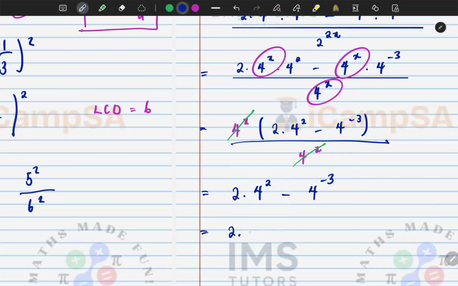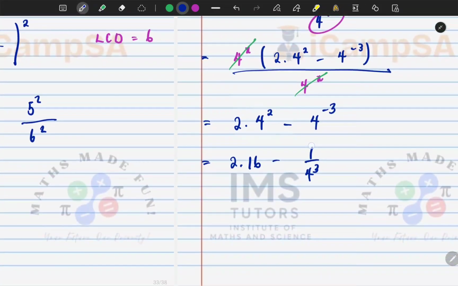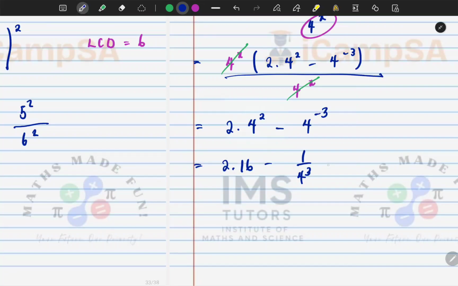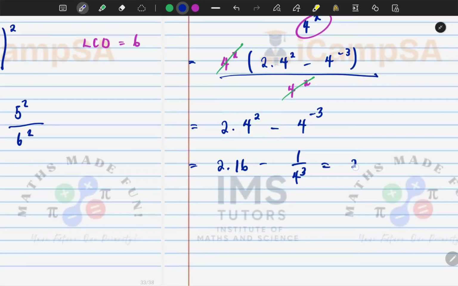So this is the same thing as 2 times 16 minus 1 over 4 cubed, and this is the same thing as 32 minus 1 over 4 to the power of 3. 4 to the power of 3 is 4 times 4, which is 16, times 4, which is 64.